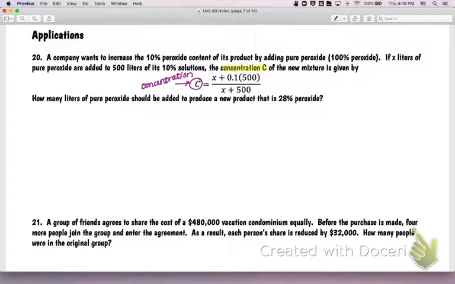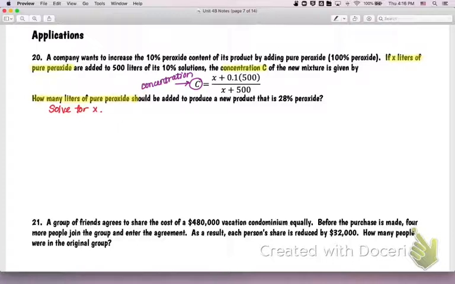Then they also told us X liters of pure peroxide. Okay, so that's what the X represents, pure peroxide. So when it asks us how many liters of pure peroxide, that means it's asking us to solve for X, because that's what X represents.